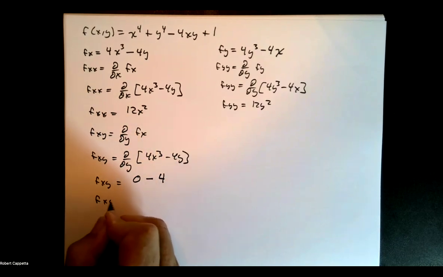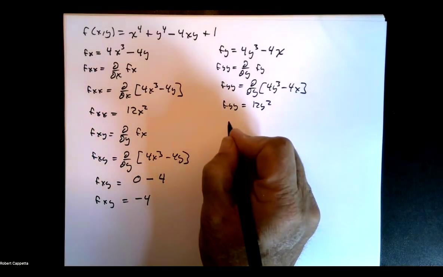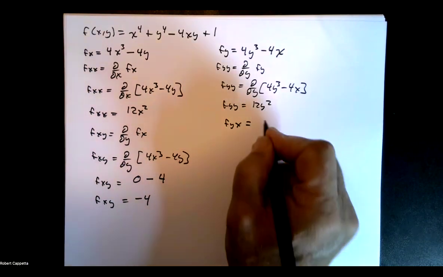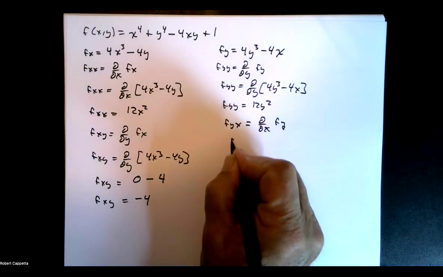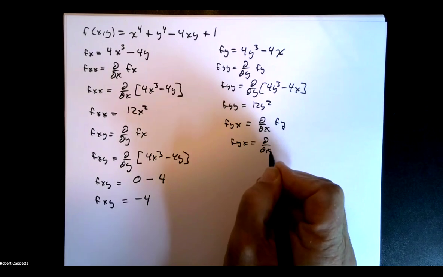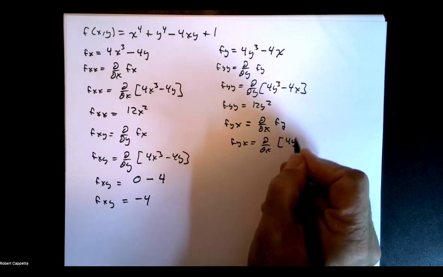So we get f sub xy is negative 4. Now, f sub yx also should be negative 4, but I like to do that just to check to make sure I've done it correctly. f sub yx is the partial with respect to x of f sub y. f sub yx is the partial with respect to x of 4y cubed minus 4x.